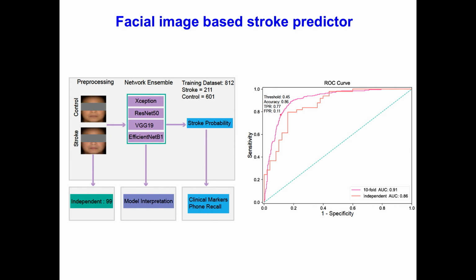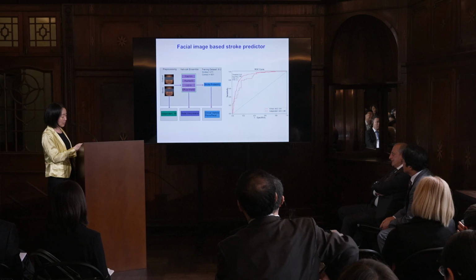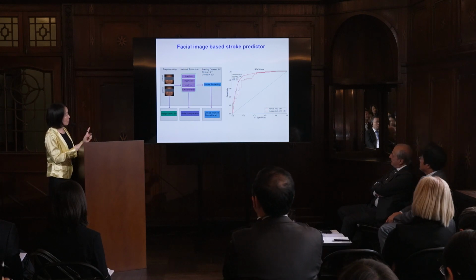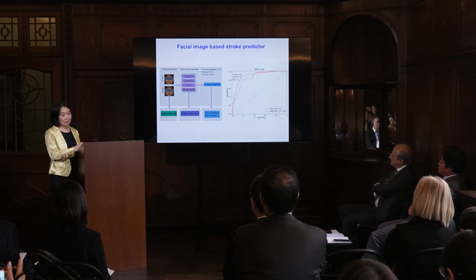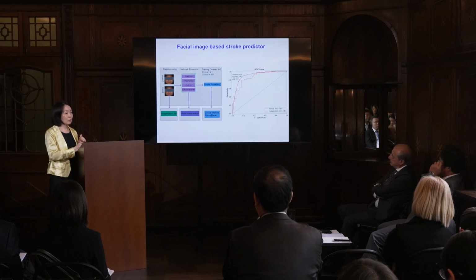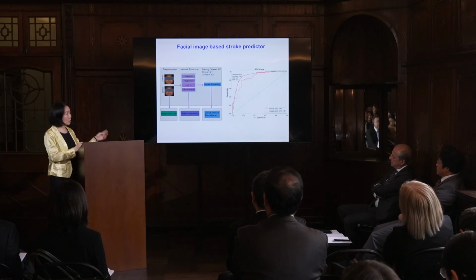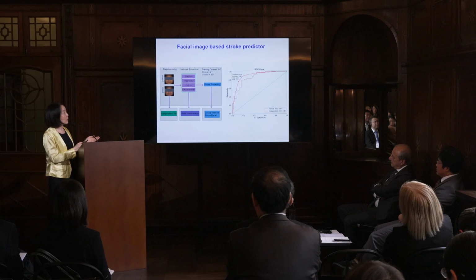In the remaining few minutes, since this is a brain aging symposium, I'm going to talk a little bit about brain aging, especially brain disease. We recently collaborated with Jing-Ye's group in Beijing Hospital, where their group collected around 200 stroke patients, and we matched these 200 with 3 times more control patients, age and sex matched, from Beijing Hospital, also the emergency room.